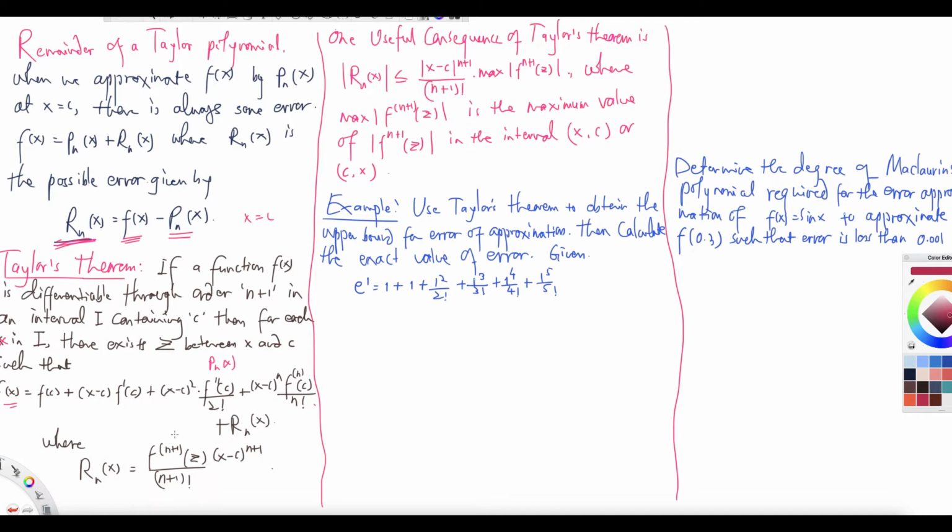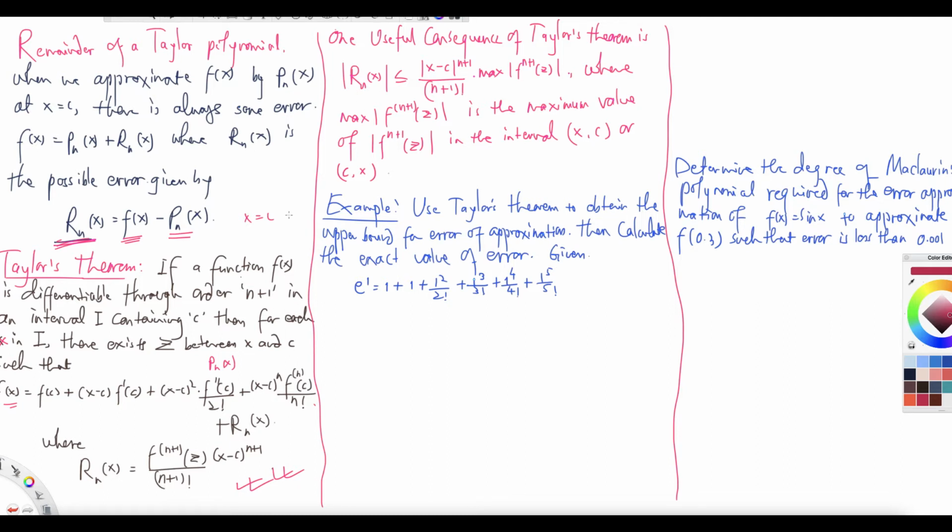Again, this formula itself we do not use much, but one of the useful consequences of the Taylor's theorem is that you can limit the size of the remainder. Just take the absolute value of it.